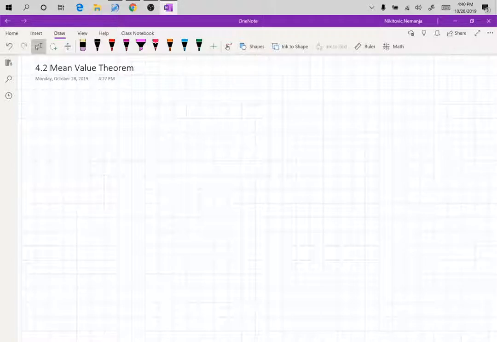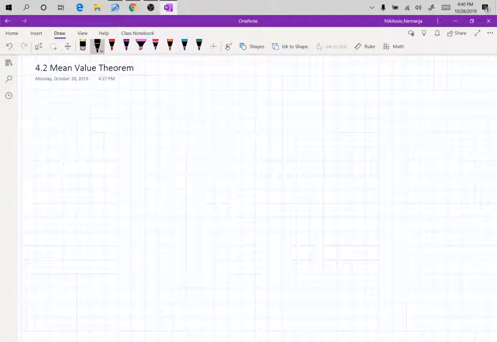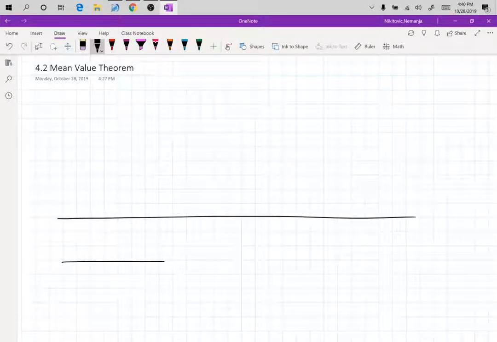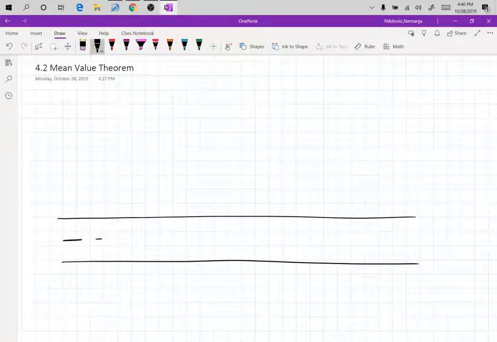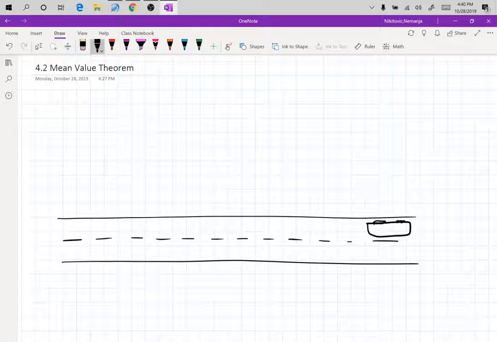But before we do any of that, let's work out something interesting. So now this is going to be a stretch of a highway. We'll place you in a car right here. Put some tires on this thing.